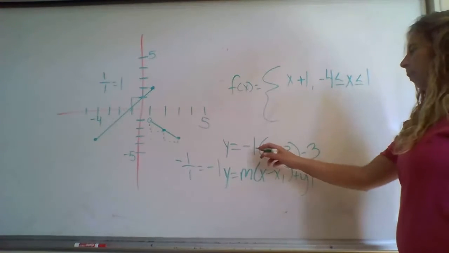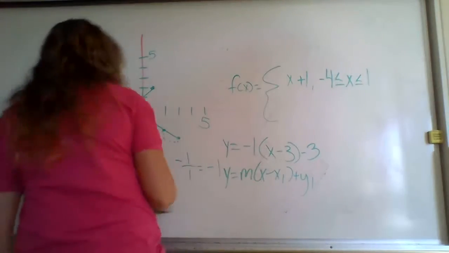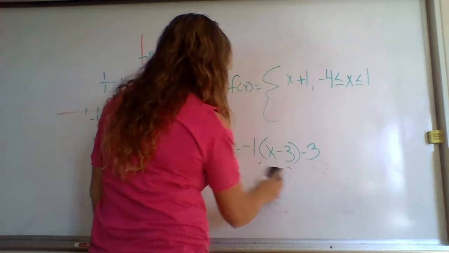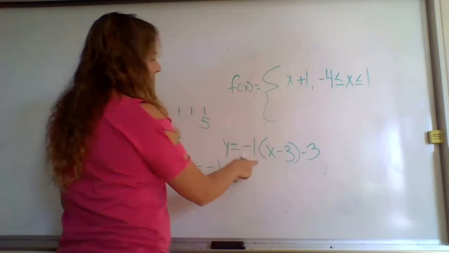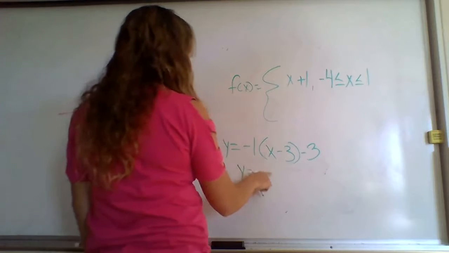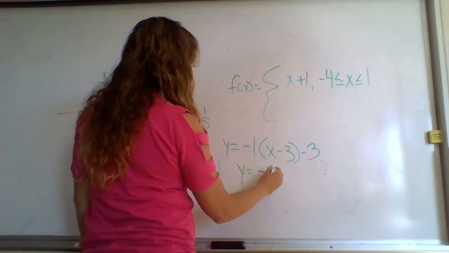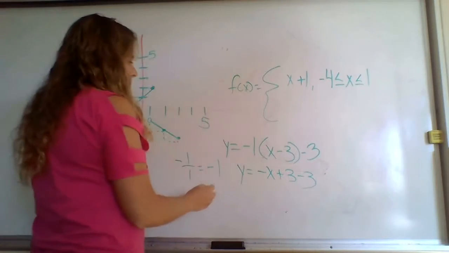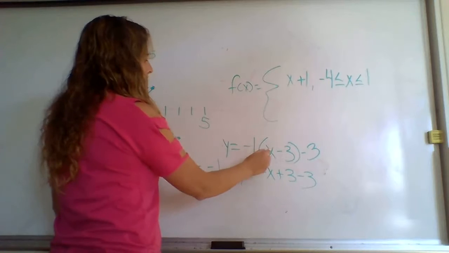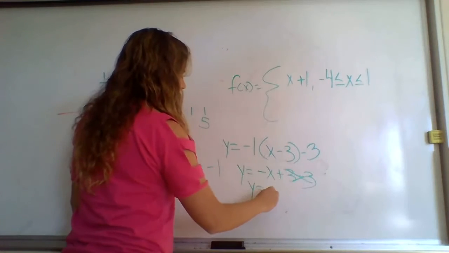But if you simplify this, you could leave it like that. That'd be fine. But -1, so that would be -x plus 3 minus 3. I distributed my -1, so y equals -x.